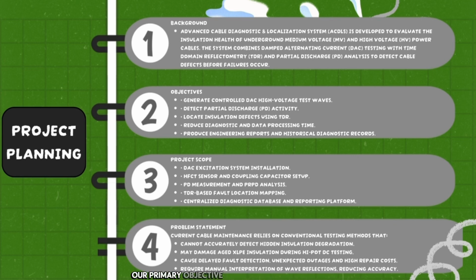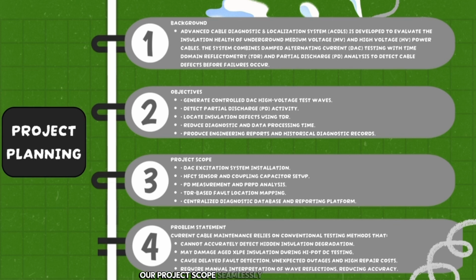Our primary objectives are to generate, control DAC high voltage test wave, accurately detect and map PD activities, locate exact insulation defect using TDR, and sharply reduce diagnostic processing time through a centralized database that automates report generation.